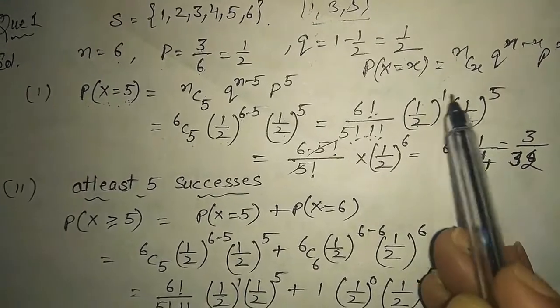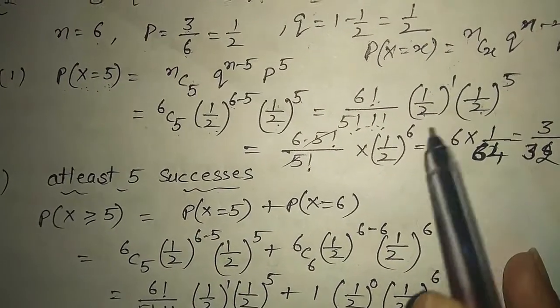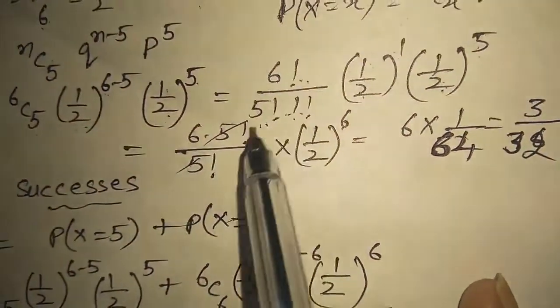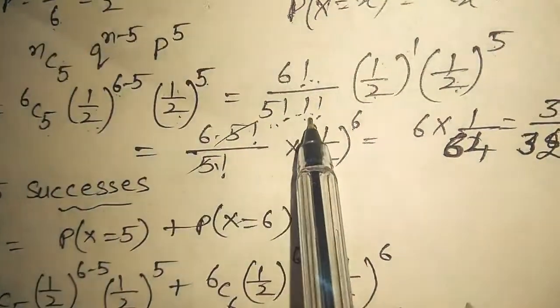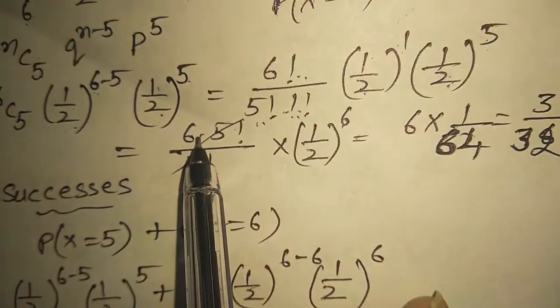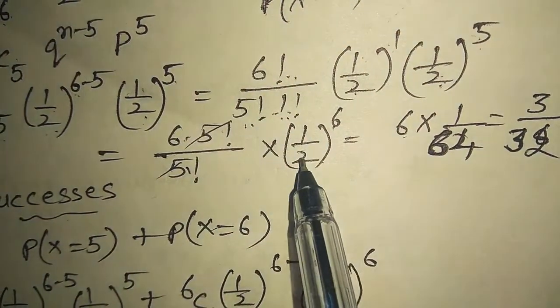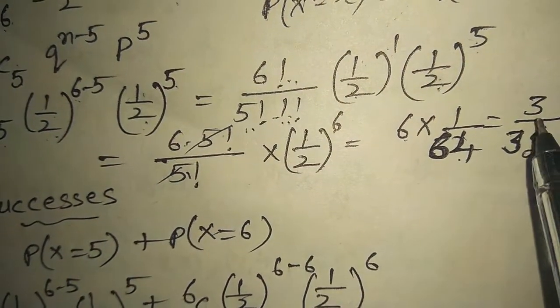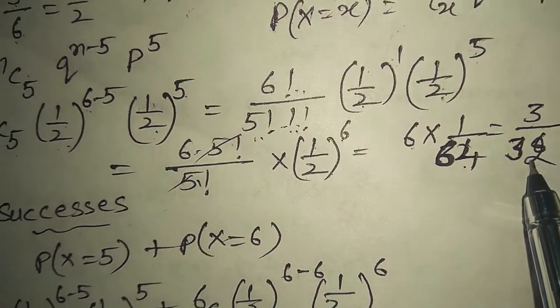Base is same, then powers will add. So 1 plus 5, 6. It will be 6 into 5 factorial upon 5 factorial. 5 factorial cancels with 5 factorial and 1 factorial is 1. So it is 6 into 1 power 6 is 1 and 2 power 6 is 64. So after cancelling, we will get 3 upon 32.